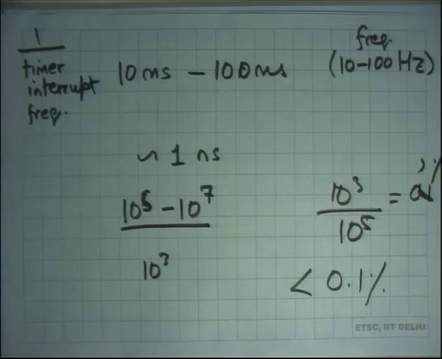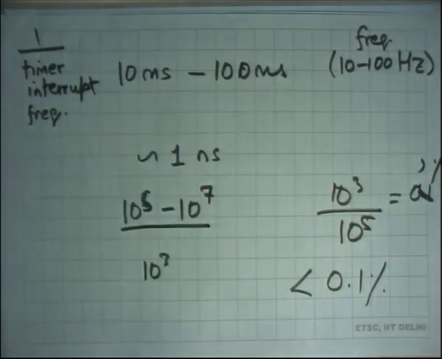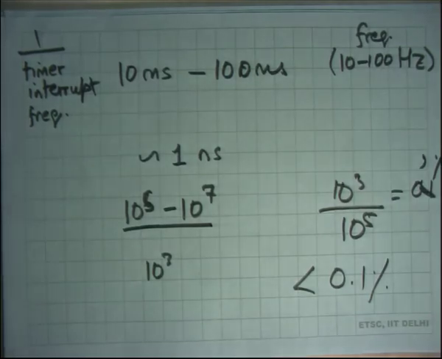Of course, you may say, but what happened in the early days? Right now we have 2 gigahertz machines. Let's say 20 years back, we had only 100 megahertz machines maximum. So this overhead may have been larger because the number of instructions you can execute in a timer interrupt is smaller.